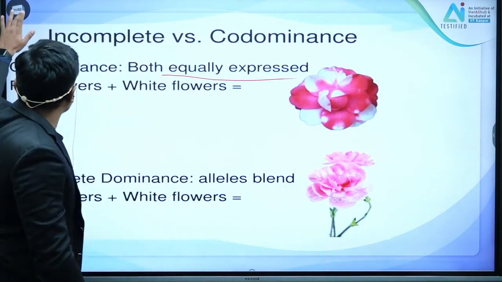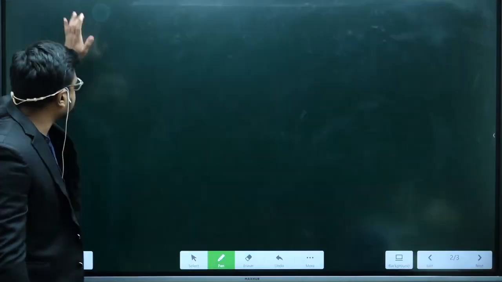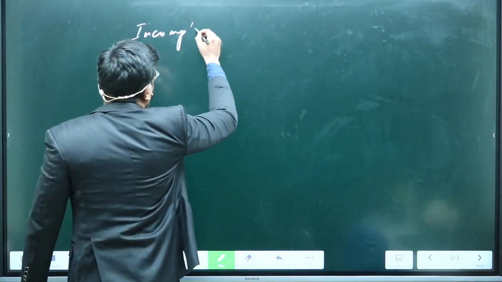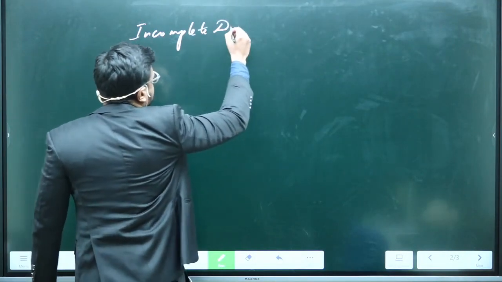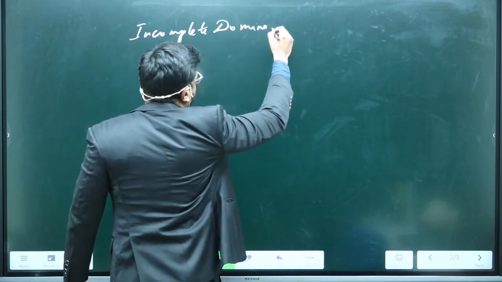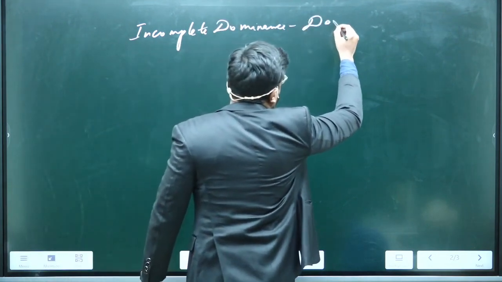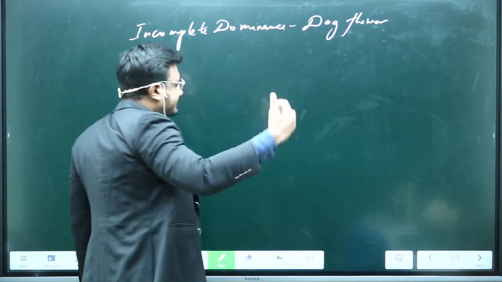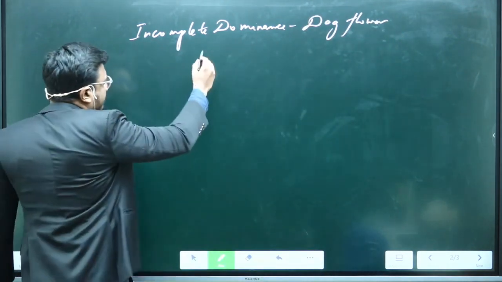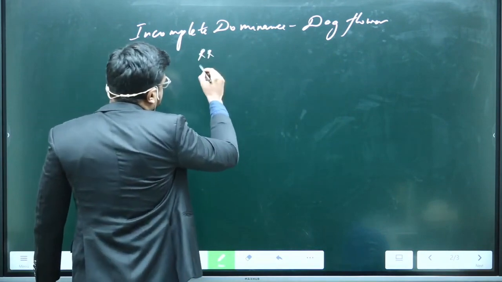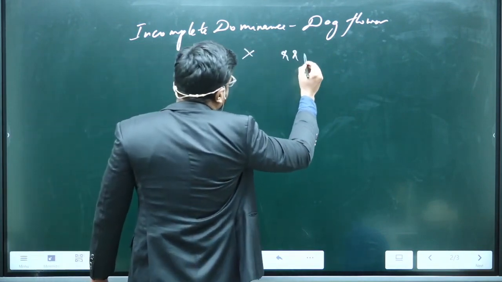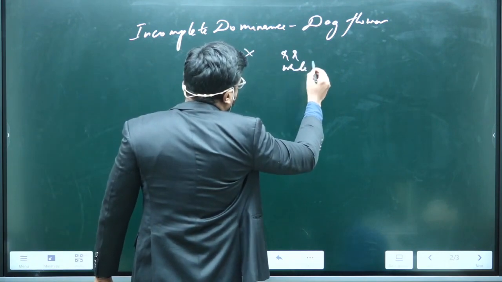So what is happening in incomplete dominance? Let us understand with the help of the example of the dog flower. In incomplete dominance, the red colored flower is crossed with the white colored one, right?